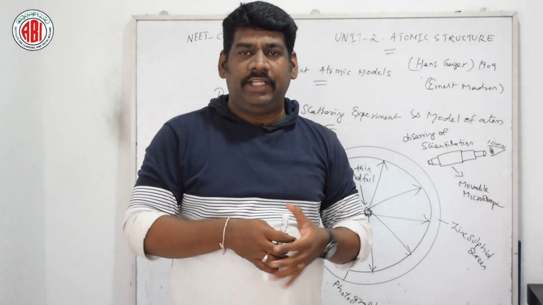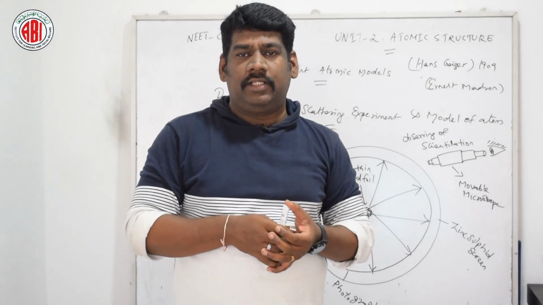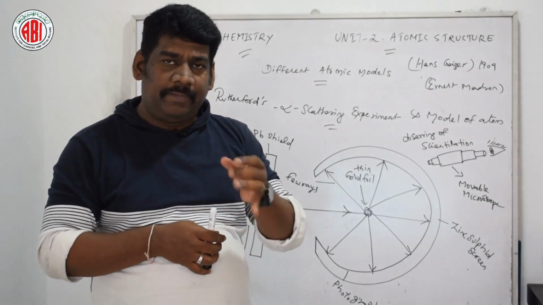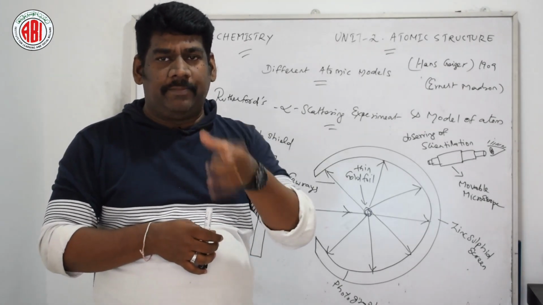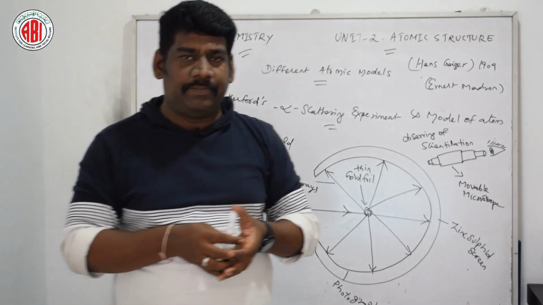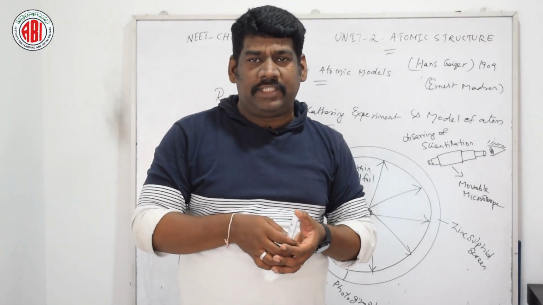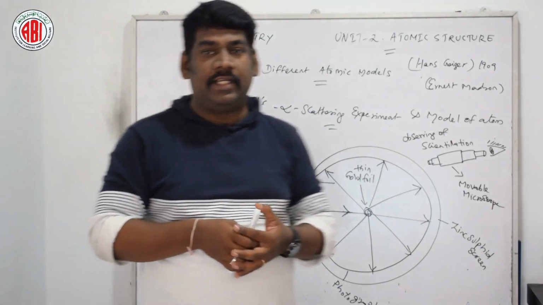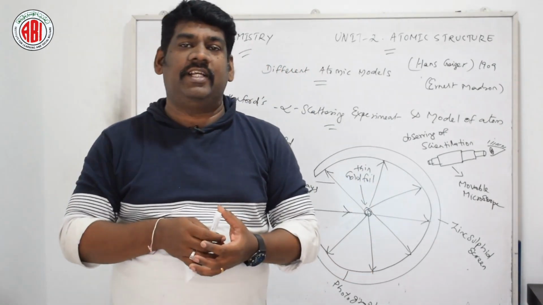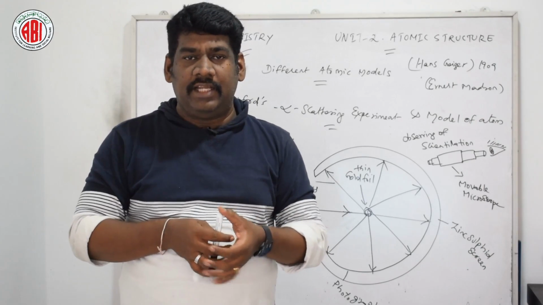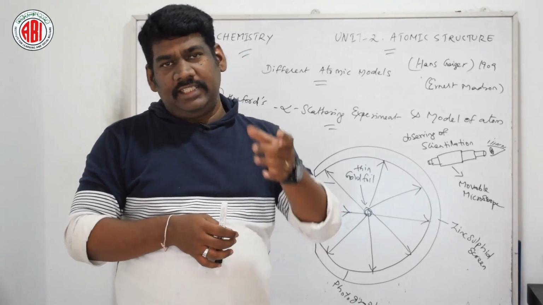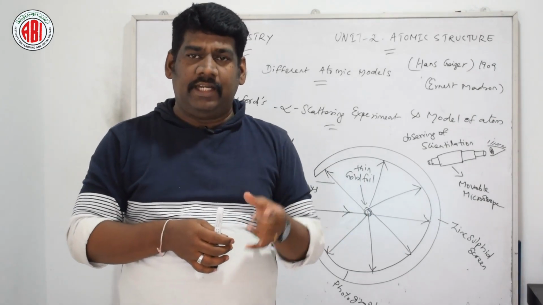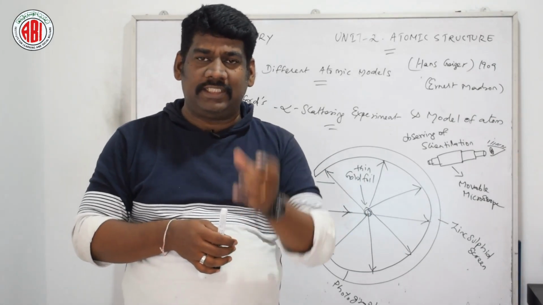Now let us see how this experiment was performed by Rutherford. In his experiment, a particular substance was placed as a target to be bombarded by subatomic projectiles, which are called alpha particles. These alpha particles were obtained from a radioactive substance, and they have highly penetrating power and high energy.